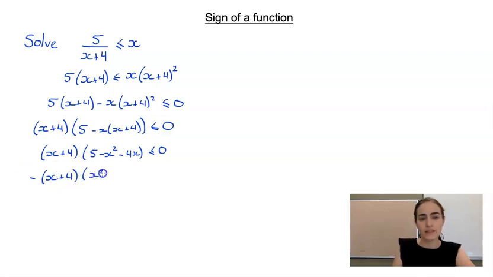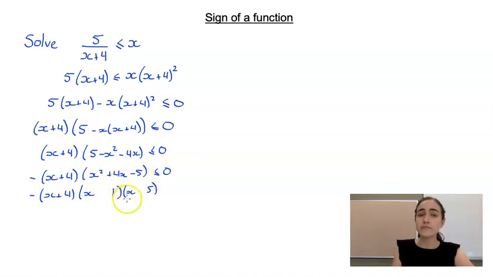So I'd end up with x squared plus 4x minus 5, is less than or equal to 0, and now I want to factorize this quadratic. So getting my two brackets set up, I'm going to need a 5 and a 1. One of them is going to have to be negative to give us a minus 5 when we multiply, so we'd end up with a minus 1 and a positive 5 to give us that plus 4 as well.